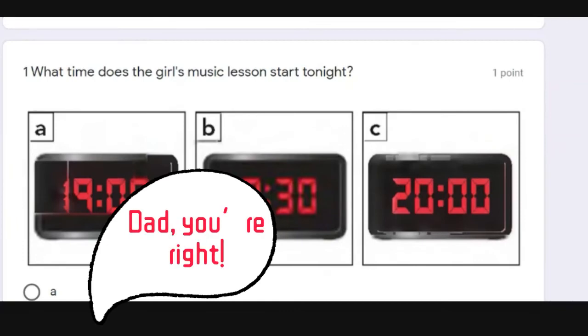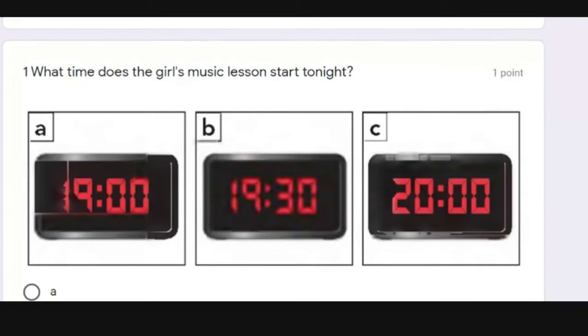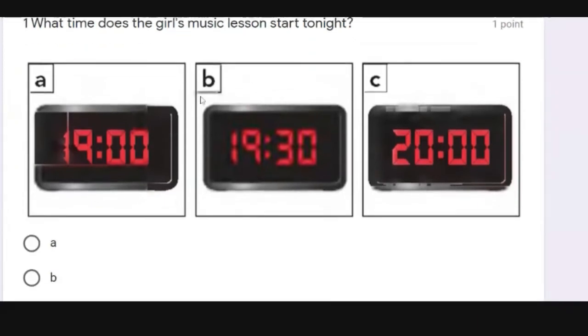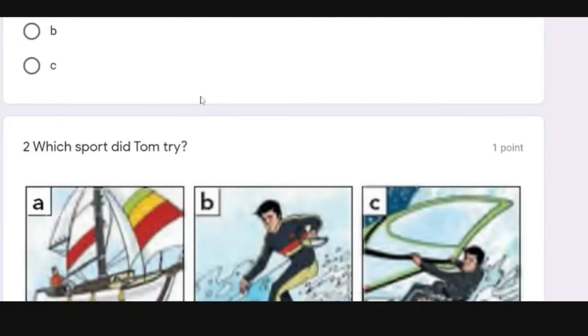Did you hear that? She said, Dad, you are right. That means at first she thought 7:30 was wrong. Then when the dad said it was at 8 o'clock, only then she suddenly remembered, oh yes, I have jotted that down in my note. Then, you are right. Understand? Yeah, she forgot.